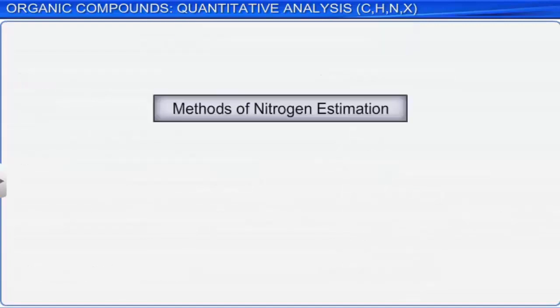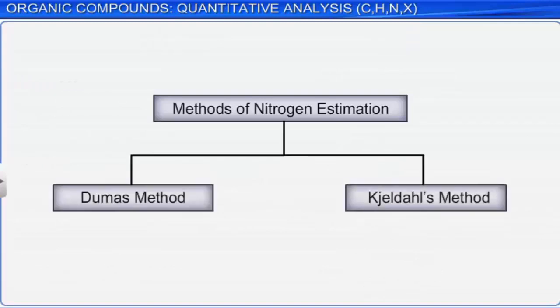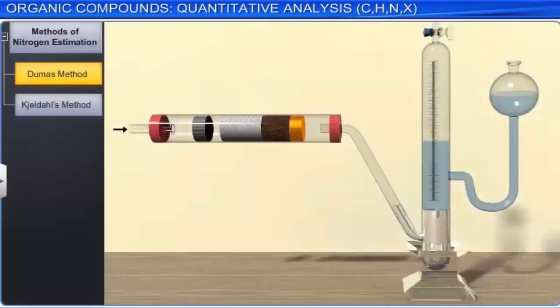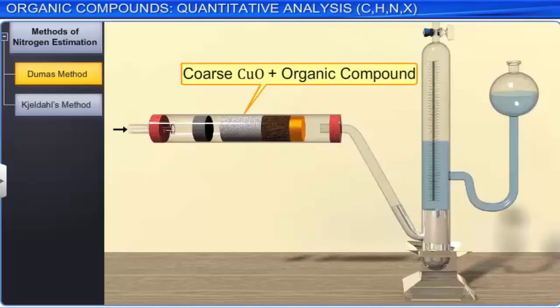For the estimation of nitrogen, two methods, the Dumas method and Kjeldahl's method, are used. In the Dumas method, a known mass of an organic compound is heated strongly with coarse cupric oxide in an atmosphere of carbon dioxide.